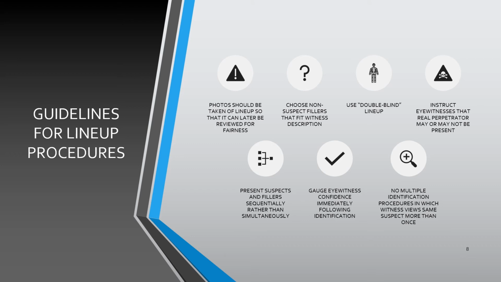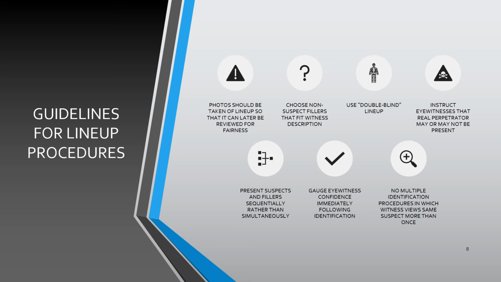The suspects and fillers should be presented sequentially, one at a time, rather than simultaneously, all at once. This encourages absolute judgments of each person presented, as mentioned before. Gauge eyewitness confidence in their identification immediately following the identification of the person in the panel.